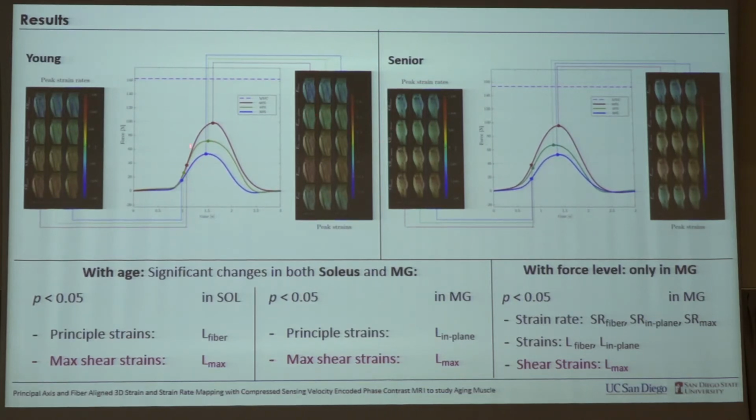And then we are looking at how these two parameters, peak strains and peak strain rates, change with differing percentages of MVC. What we see is overall, with increase of force, both in young and seniors, these parameters increase, okay? Sorry, they decrease as you go from young to senior.